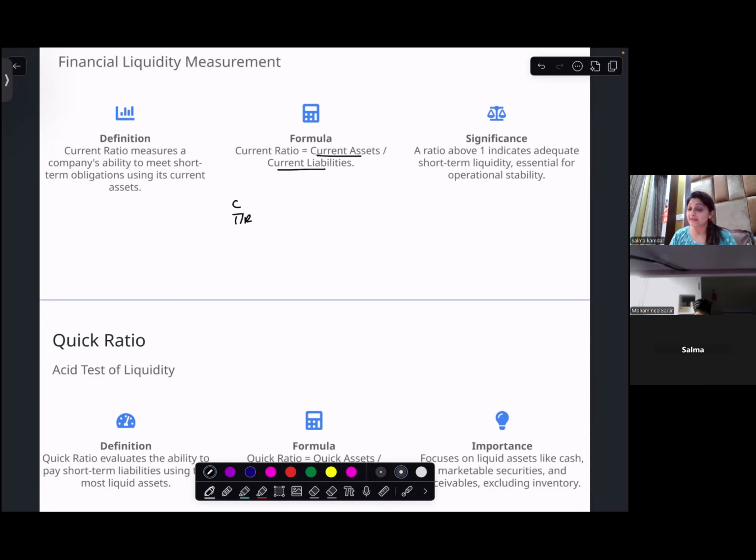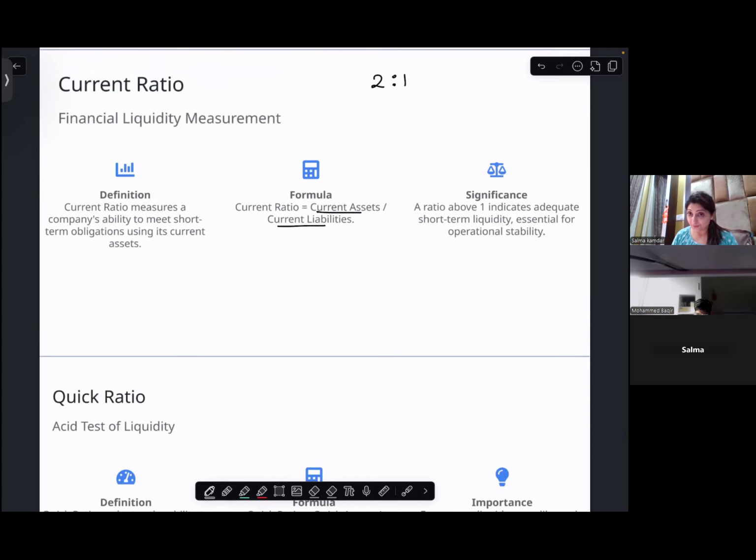And your current liabilities would be your trade payables, bank overdraft, and other payables. So when you divide your current assets by current liabilities, what you will get is your current ratio. The answer would be written in the form of 2 is to 1 or 1.47 is to 1 or whatever you get. Ideal current ratio is 2 is to 1.